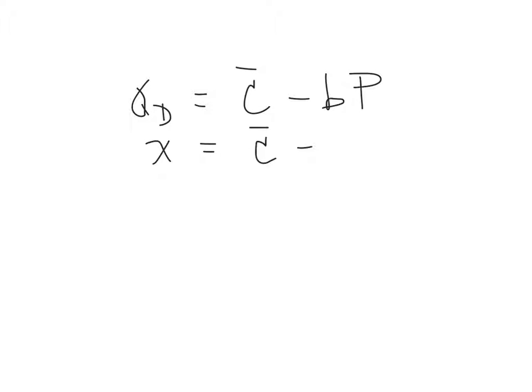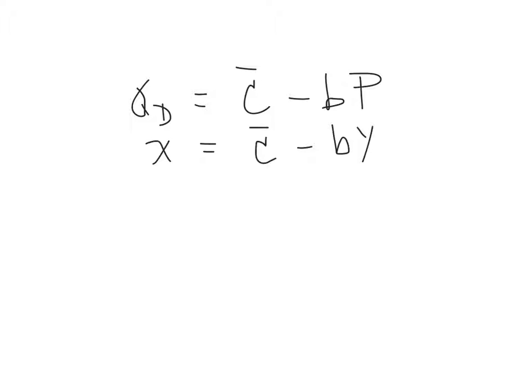I know that one of the problems, at least, has quantity demanded equal to some number, a constant, minus some number times the price, okay? So you can think of quantity as x is equal to a constant minus the slope times y.